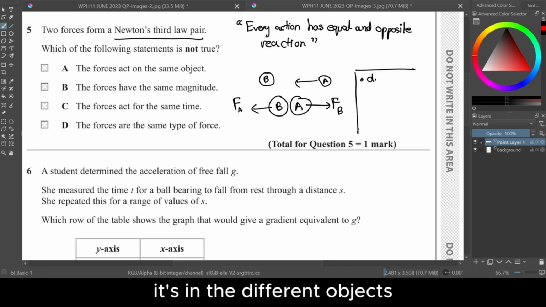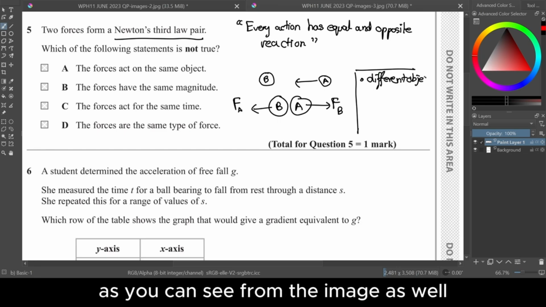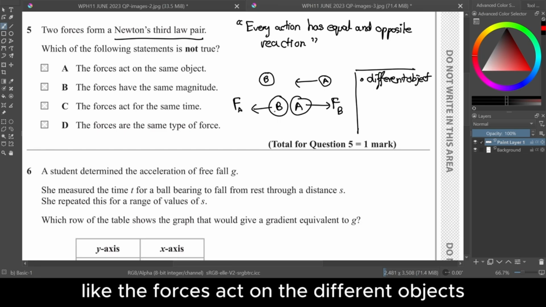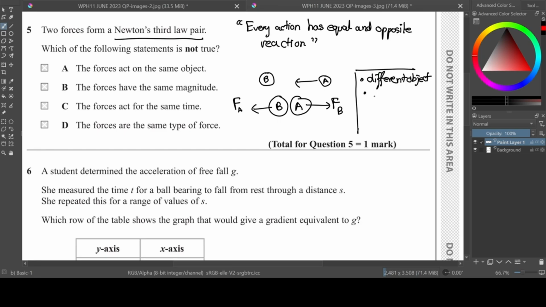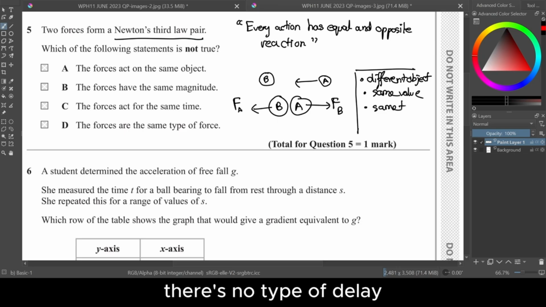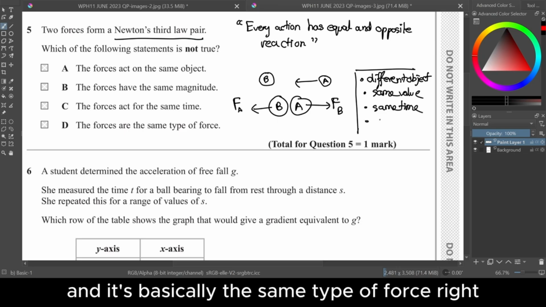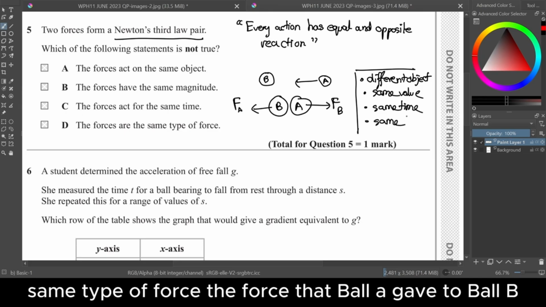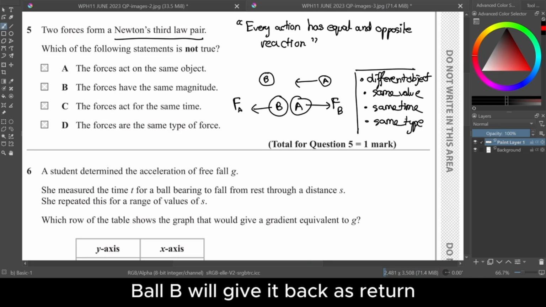The forces act on different objects, as you can see from the image as well, and they have the same value, the same amount of force. It happens at the same time. There's no type of delay, and it's basically the same type of force. The force that ball A gave to ball B will be given back in return, okay?